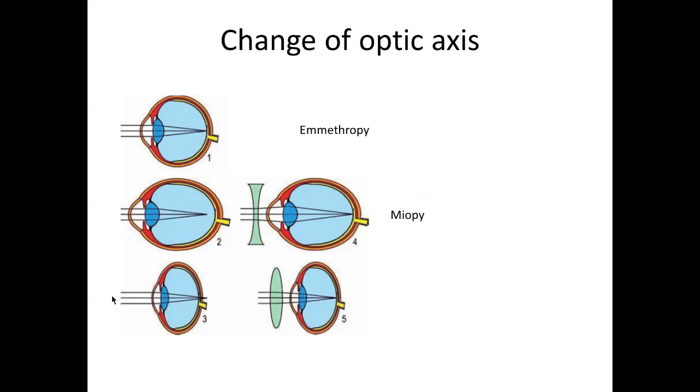So the lines of light waves meet each other posteriorly to the retina, and again such a patient can't see well without glasses.